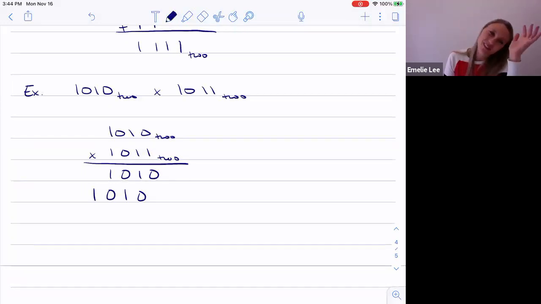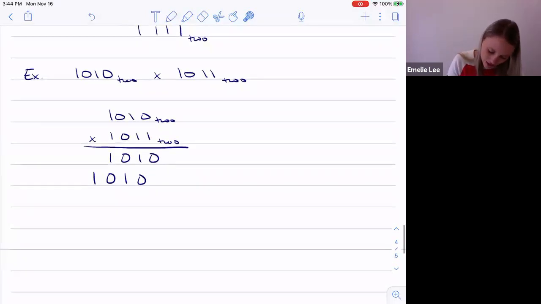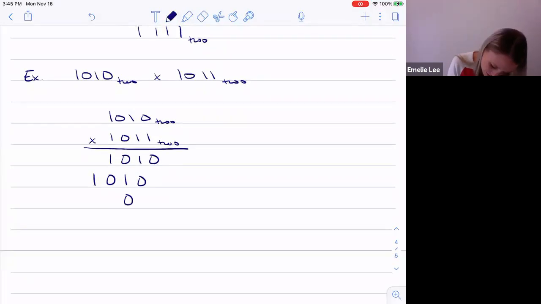It just kind of flops over eventually. So now I go on to the 0 times 0, and I place the first one underneath that 0. So 0 times 0 is 0, 0 times 1 is 0, 0 times 0 is 0, 0 times 1 is 0. Not bad.